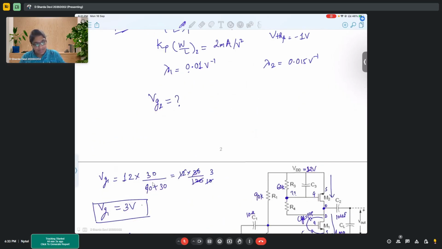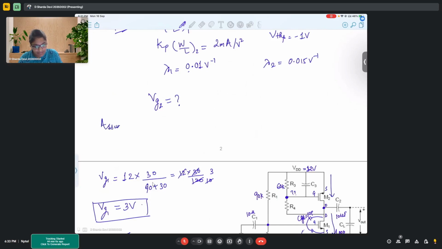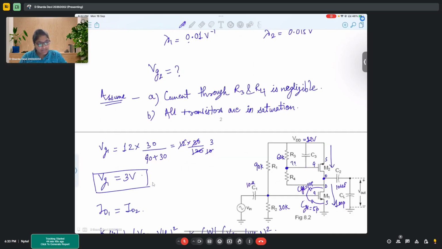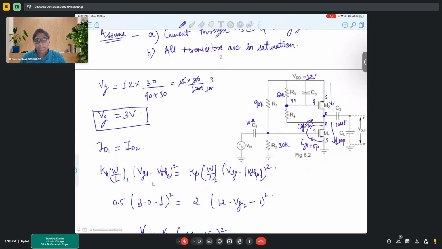And with that assumption, the assumptions that we have taken in this problem are: A, current through R3 and R4 is negligible, and B, all transistors are in saturation. These are the two assumptions that we have basically considered to solve it.